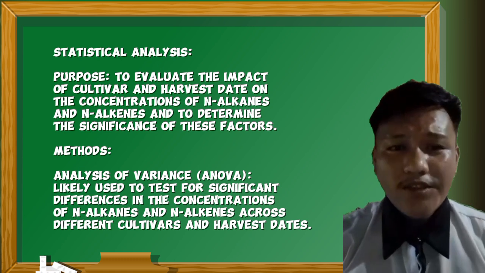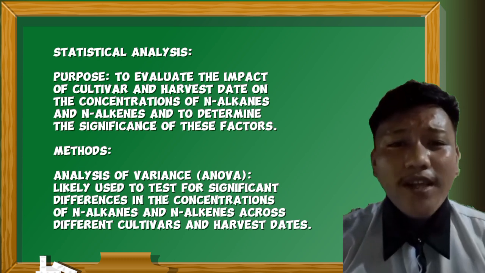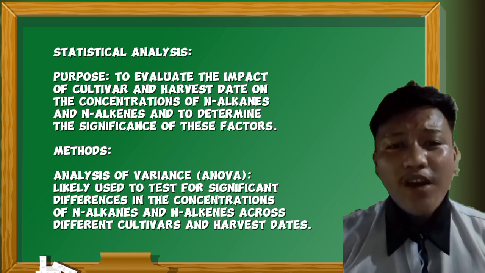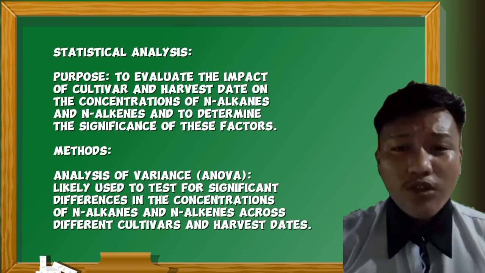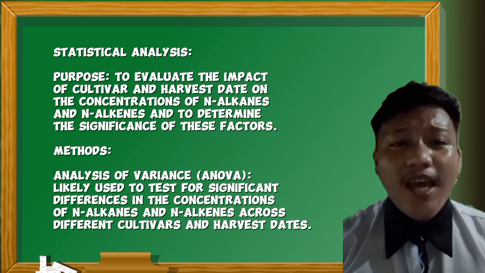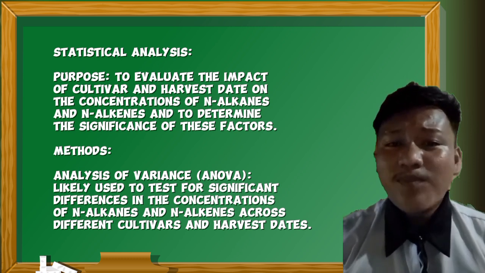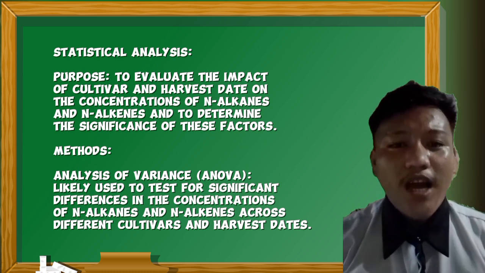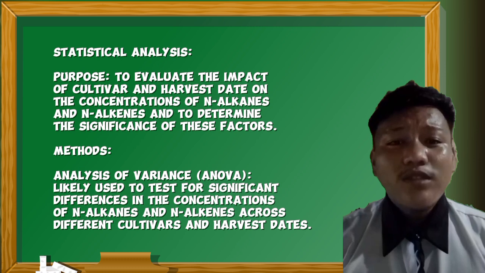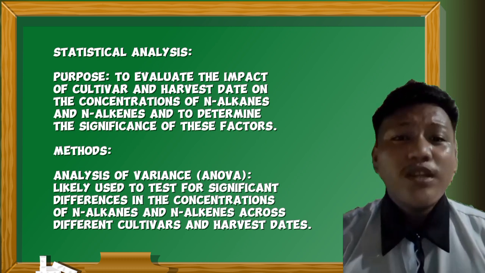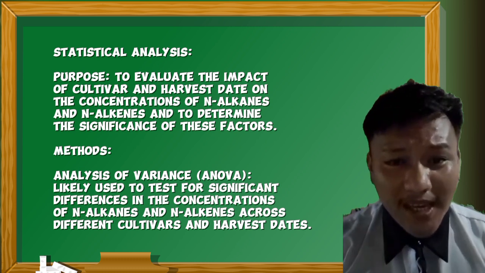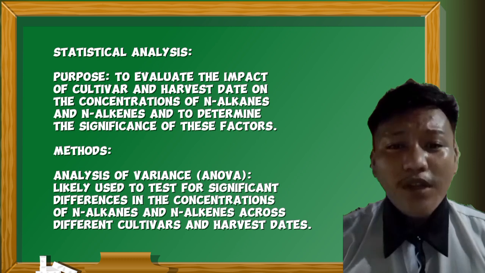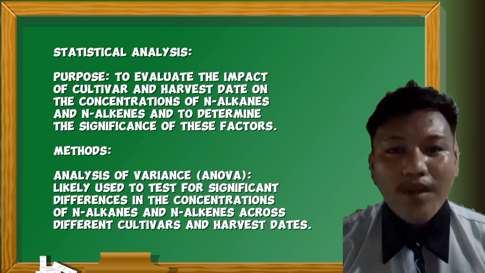Statistical analysis. Purpose: to evaluate the impact of cultivar and harvest date on the concentration of n-alkanes and n-alkenes, and to determine the significance of these factors. Methods: analysis of variance, ANOVA, likely used to test for significant differences in the concentration of n-alkanes and n-alkenes across different cultivars and harvest dates.